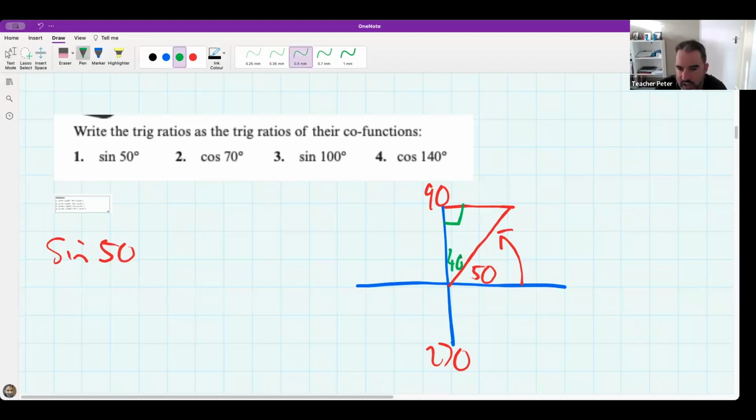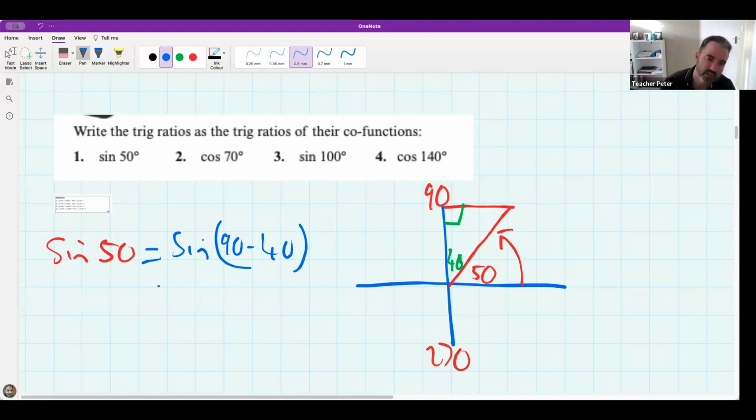And you can kind of see this in my diagram. If that's 50 and this is 90, this must be 40. If I was rewriting it in terms of the axis, I would just say sine of 90 minus 40, because we know 90 minus 40 is 50. So it's just like saying 90 minus the green bit gives me that. Some students like to write it in terms of the axis that they're using, and then you know you're using 90.